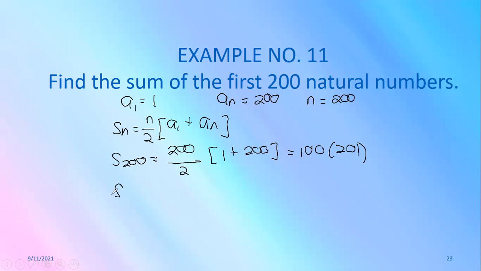So solving for the sum of first 200 natural numbers, i-multiply lang natin yung 100 sa 201. That's equal to what? 20,100. Questions? Ayan. So punta tayo sa next.